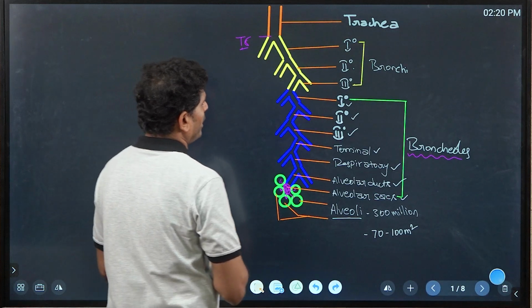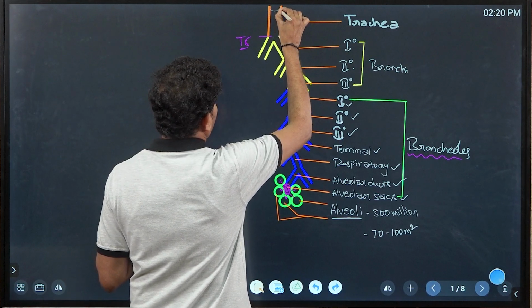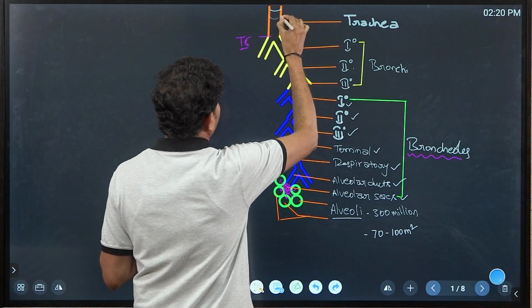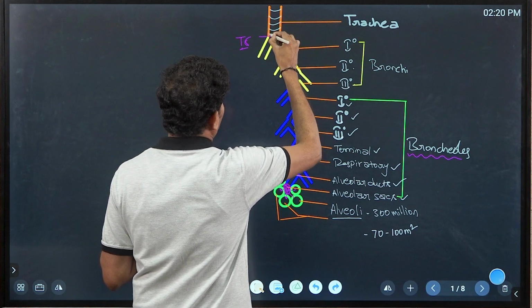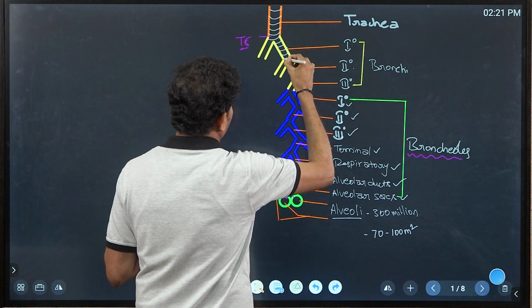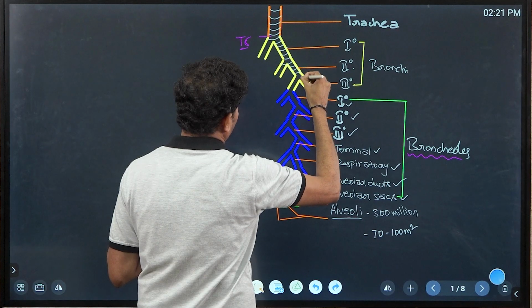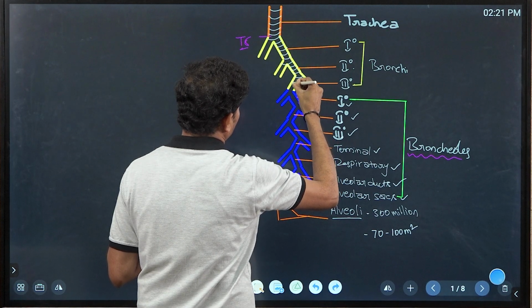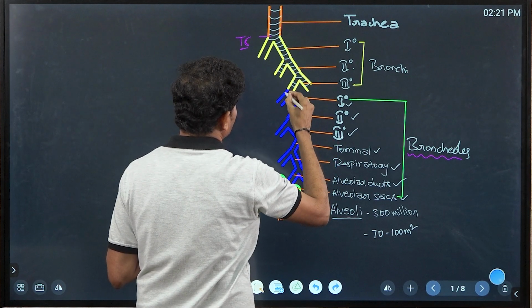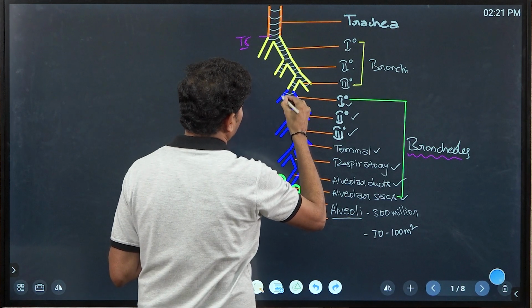And here, one more point is also clearly mentioned in NCERT. So this is which one? The trachea, and which other? The bronchi, total bronchi, and next the initial bronchioles also. Initial bronchioles are also supported by which one?